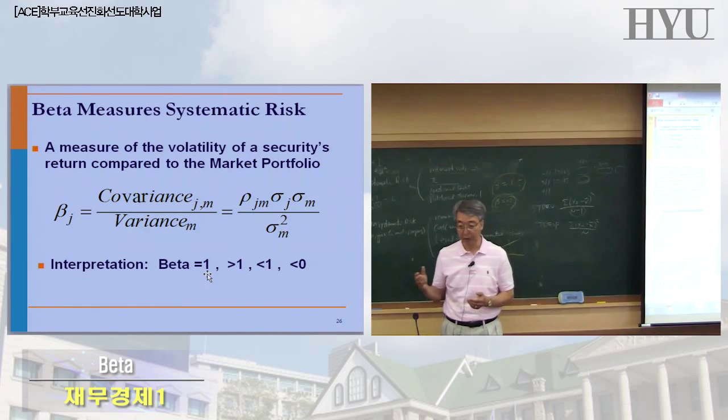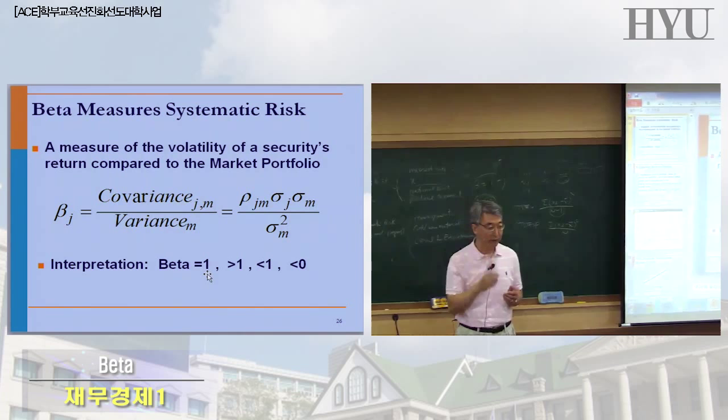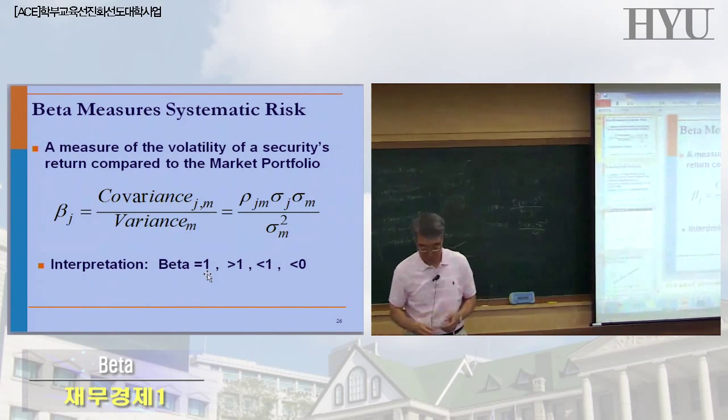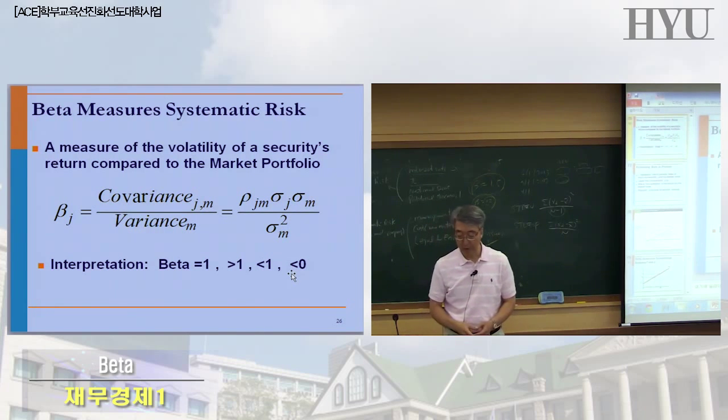So whenever market improves by 1%, you can expect the return on particular stock to increase by 1%, and so on. It can be greater than 1, less than 1, or negative, actually. What does that mean if beta is negative?